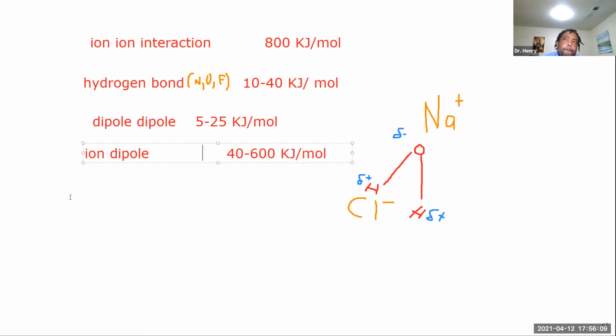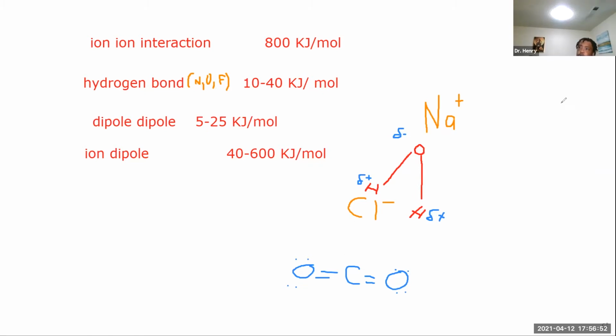Okay, and so when we're talking about carbon dioxide, we're talking about this guy. What's happening in this situation? First off, is this molecule polar or non-polar?